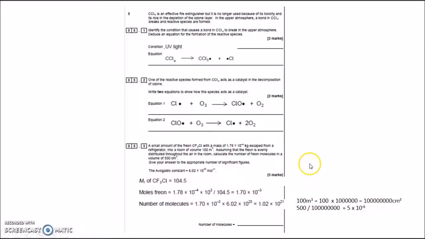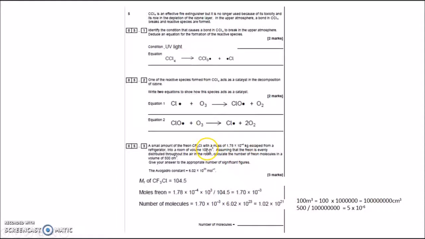Now a meter is 100 centimeters, so I've got 100 centimeters for the height, 100 centimeters for the width, and 100 centimeters for the length. 100 times 100 times 100 is a million, 1 times 10 to the power 6, 1 with 6 noughts. That is the number of centimeters cubed in a meter cubed.